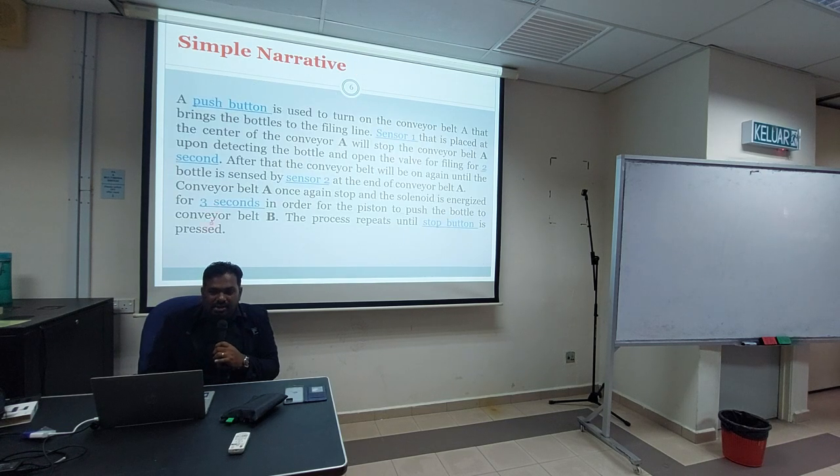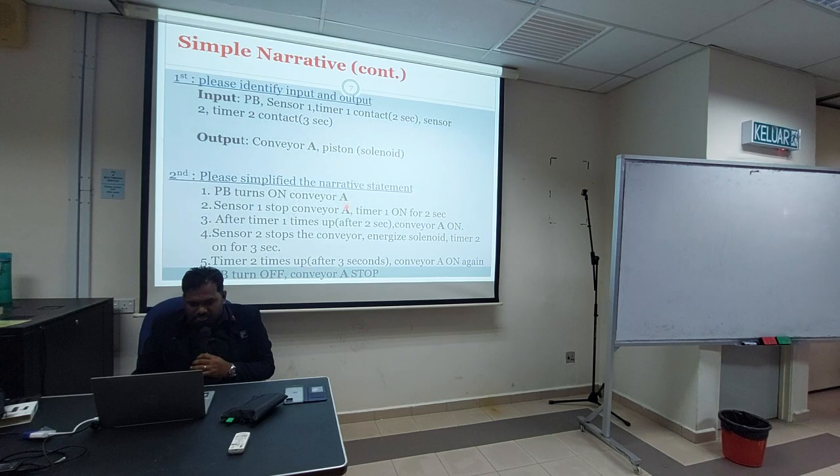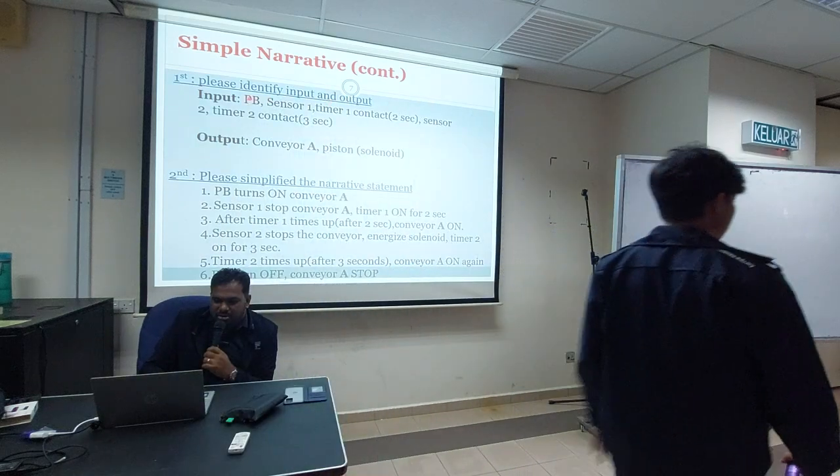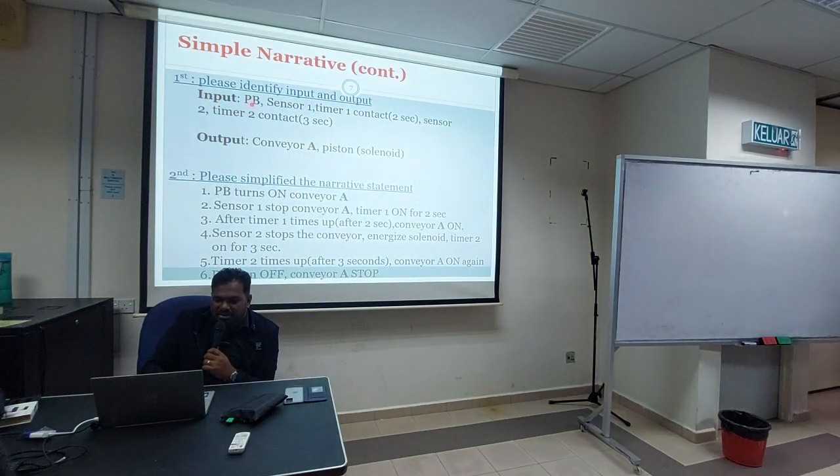Okay, and simple narrative is not in point form. So simple narrative dalam bentuk perenggan. Okay, so make sure you give in a paragraph. Okay, so simple narrative tengok, dia ada step dia. So first, identify the input and output. So input adalah push button, sensor 1, timer, sensor 2, timer.